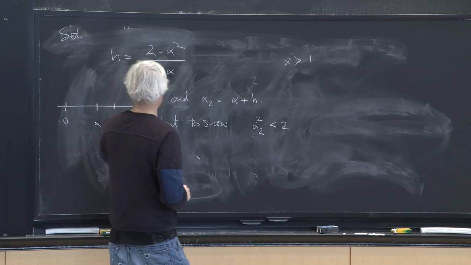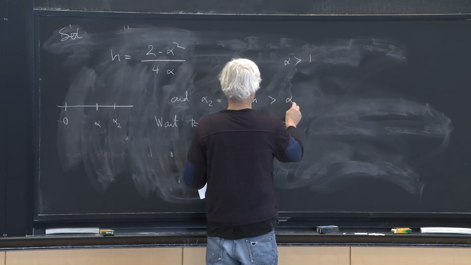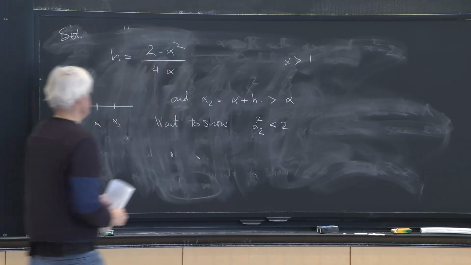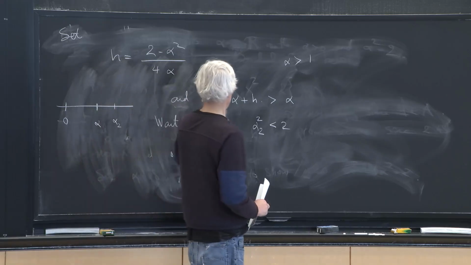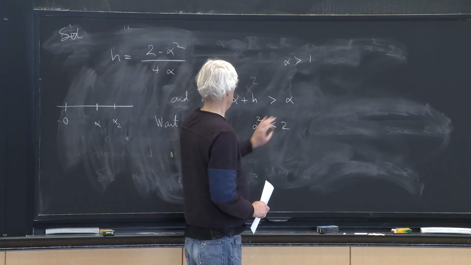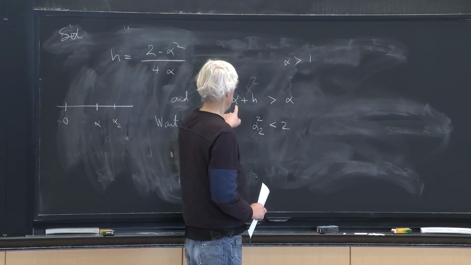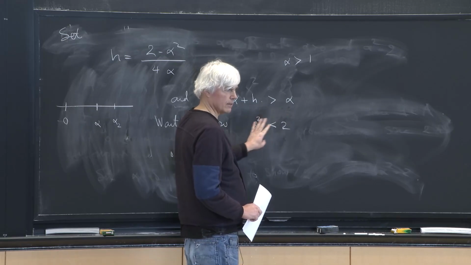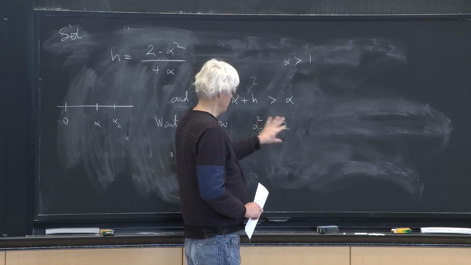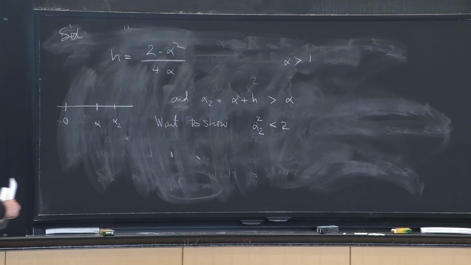So this number here, we already know is bigger than alpha. And so if I can prove that the square is less than 2, then alpha would not be an upper bound, right? There's another element in the set A that is bigger, okay? So I want to prove that.